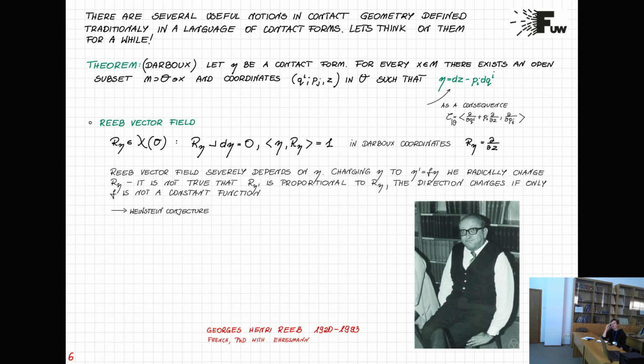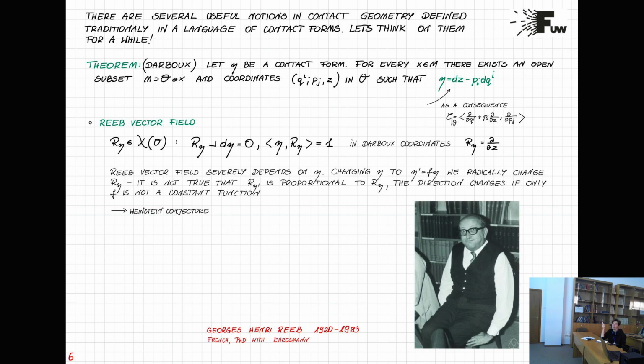However, even if this dependence is very strong, it is in a sense a canonical object, and it is very deeply studied in differential geometry. For example, there is a class of contact manifolds that are compact.